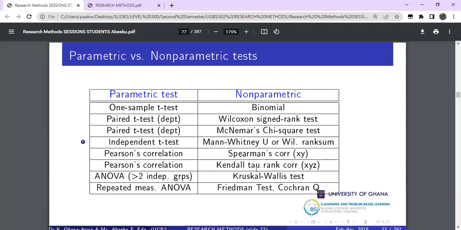We have to get these things off-head. It's really important, so you have to learn them. The paired t test is the dependent one, and its non-parametric test is either the Wilcoxon signed rank test or McNemar's chi-square. This is where we are going to focus.